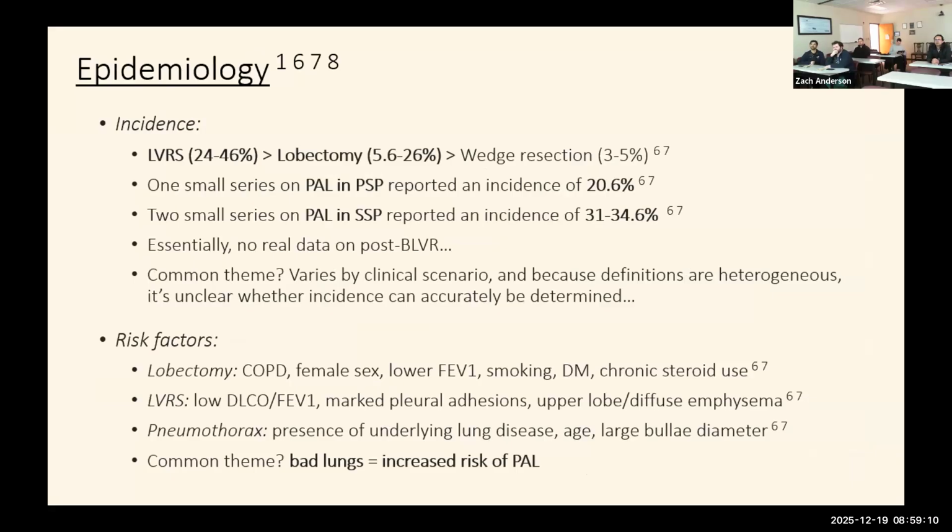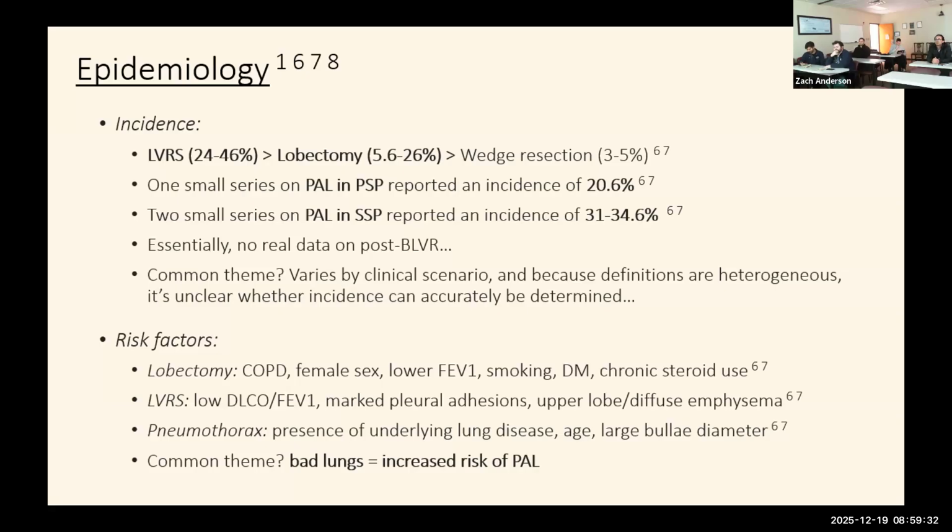Lung volume reduction surgery is the most common, 24 to 46% of patients who have lung volume reduction surgery can develop a persistent air leak. Lobectomy happens at about 5.6 to 26%, huge range there, right? Some of the higher numbers are from older studies.